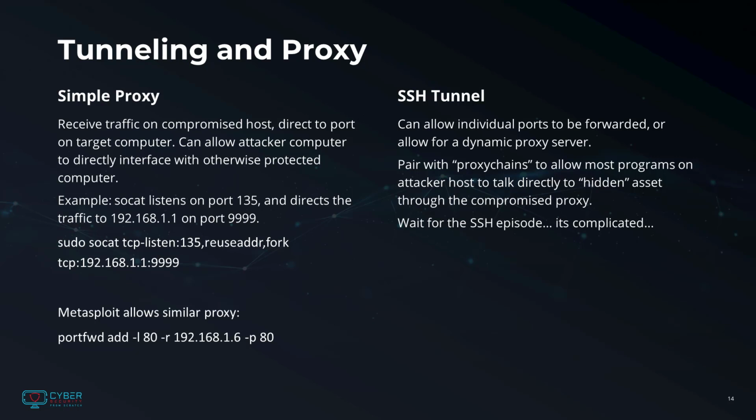Now, these are very simple port forwards. However, an attacker can also use an SSH tunnel to allow for a dynamic proxy server or for other more complicated port forwarding approaches. We're going to talk about this in the SSH episode because it's complicated and there are a lot of considerations that go into it.